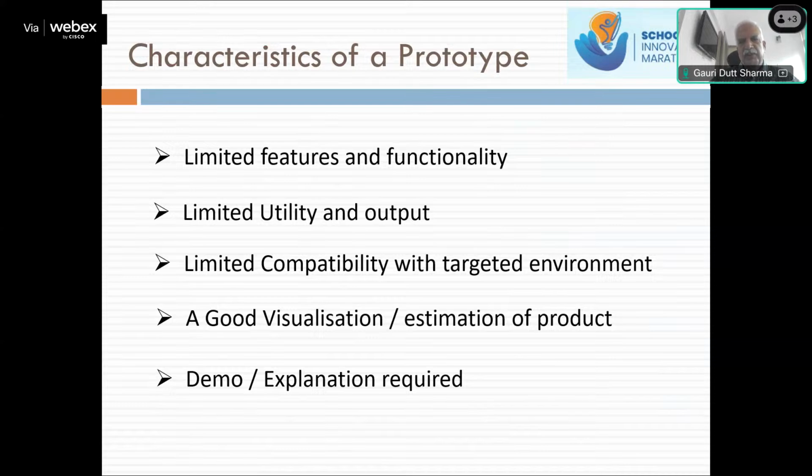So demonstration and explanation is required, because the prototype in itself may not convey all the aspects, features or innovative aspects of its design to the user. It has to be explained. That's the reason why the marathon requires you to submit a prototype.